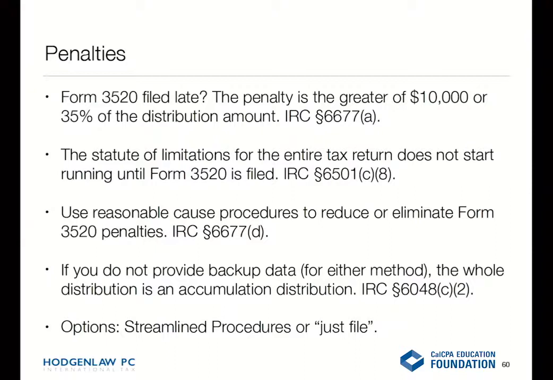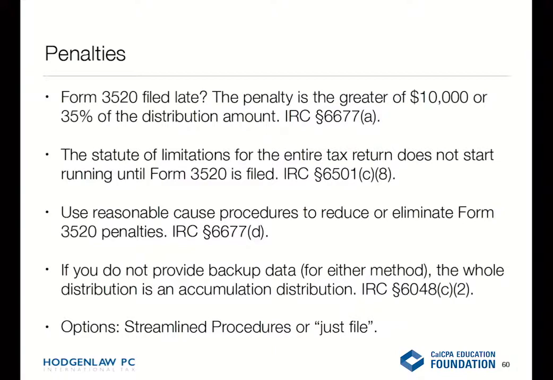There are some options if you have to file the form late. Essentially, it boils down to whether you can use the streamlined procedure because you needed to file the form in one of the last 3 years and you meet all the requirements for non-willfulness. Depending on how the penalty ends up being calculated, that may be a good option.